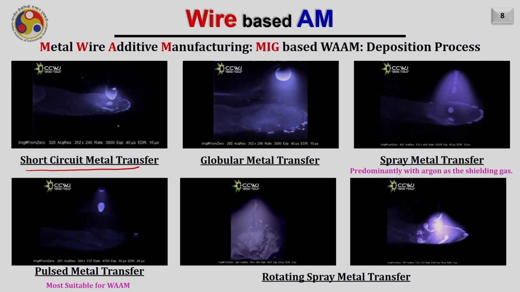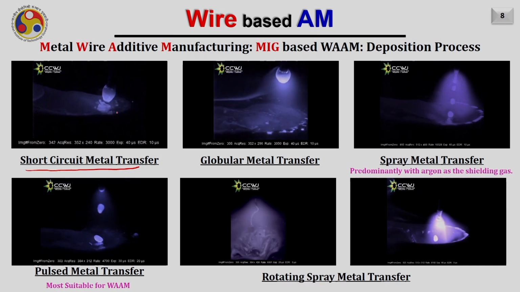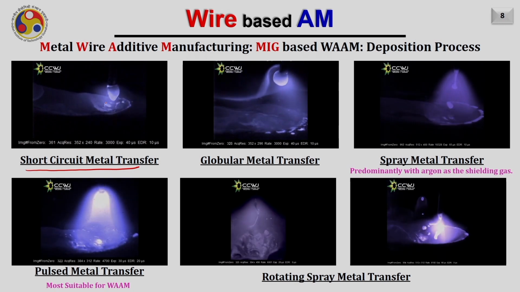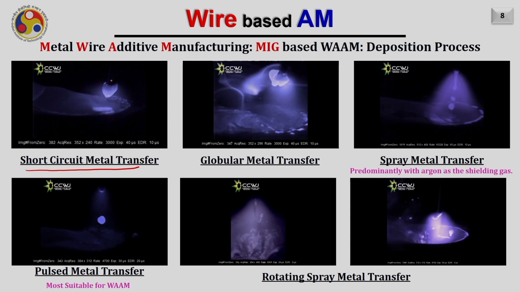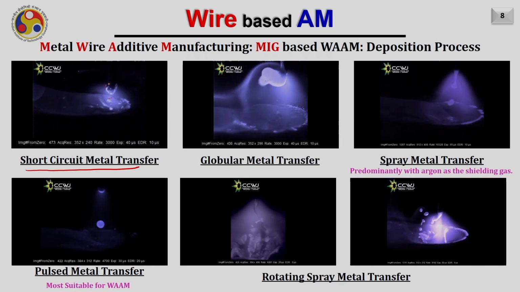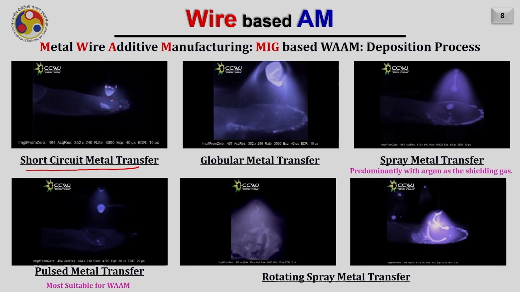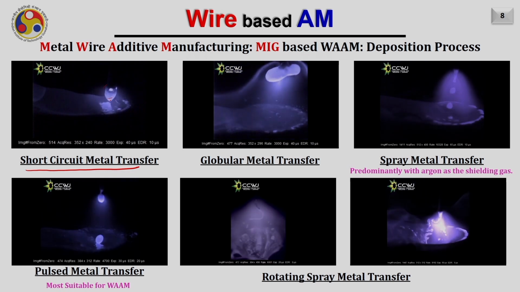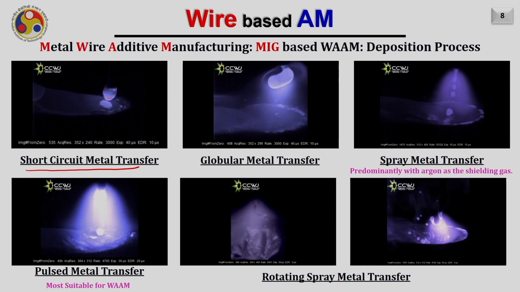As the voltage drops to 0 or a very low value, we have seen the current suddenly increases. As a result, as the current increases, the wire gets melted and deposits the material onto the substrate. So here each time the short circuit is happening.